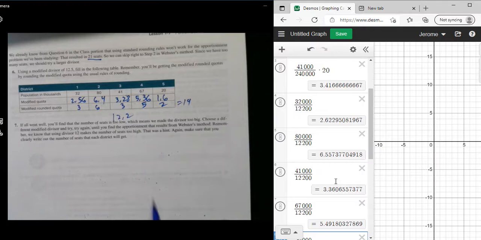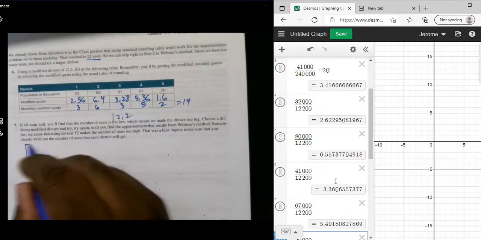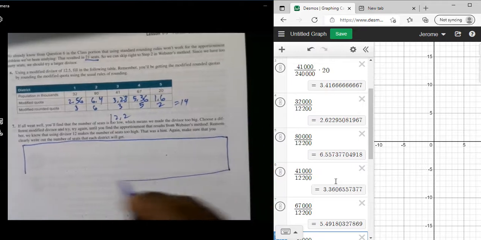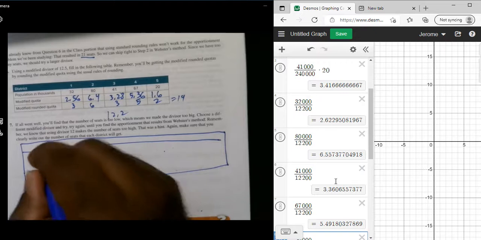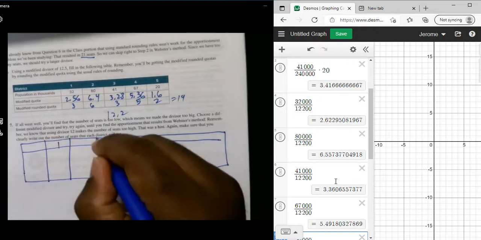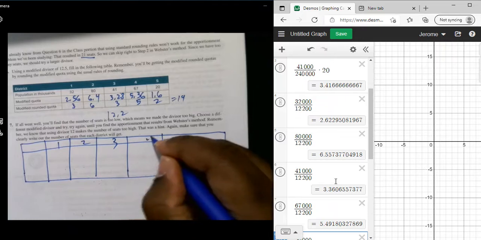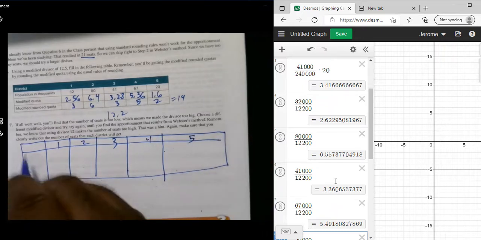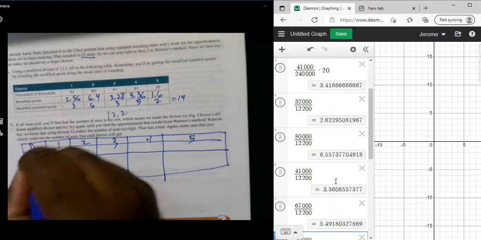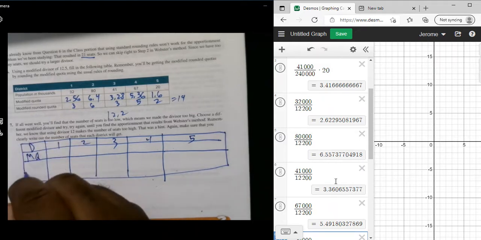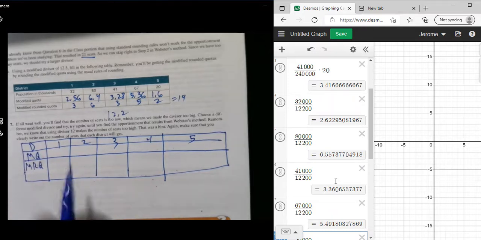All right. So if we go back here, I have to draw another table here. District 1, 2, 3, 4, and 5. Then I'll put MQ for modified quota, and then MRQ for modified rounded quota.